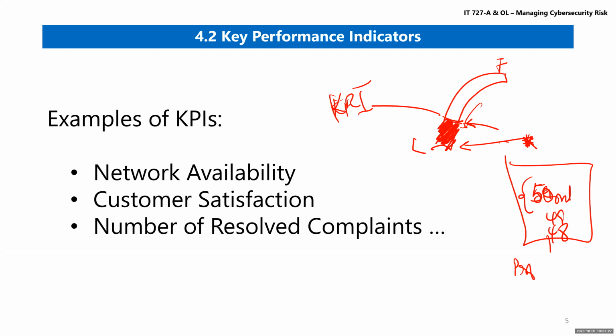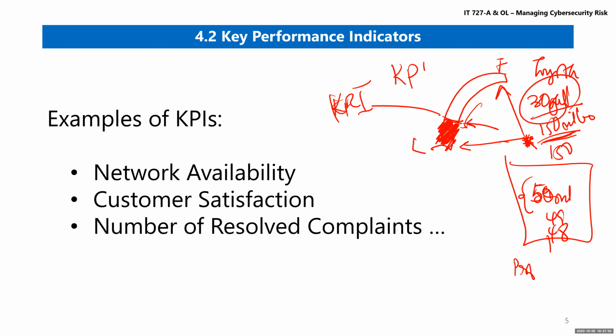Or if the vehicle, let's say we have a Toyota, right? Let's say it says your full tank is 30 gallons, and with that 30 gallons, you can have 150 miles per gallon. If we are able to achieve the 150 miles per gallon, that is what I see as a key performance indicator.